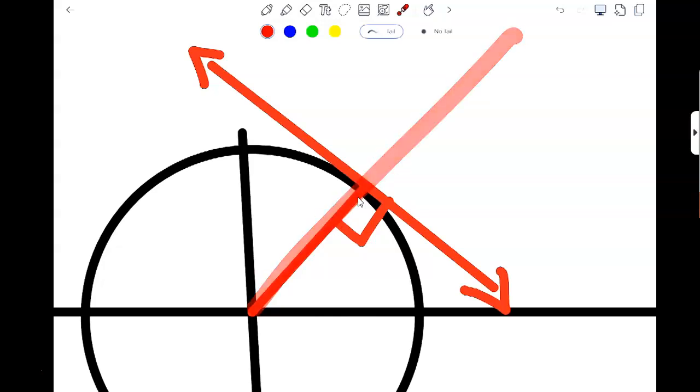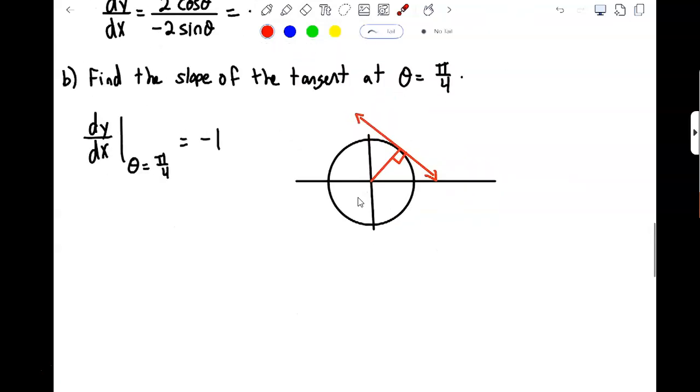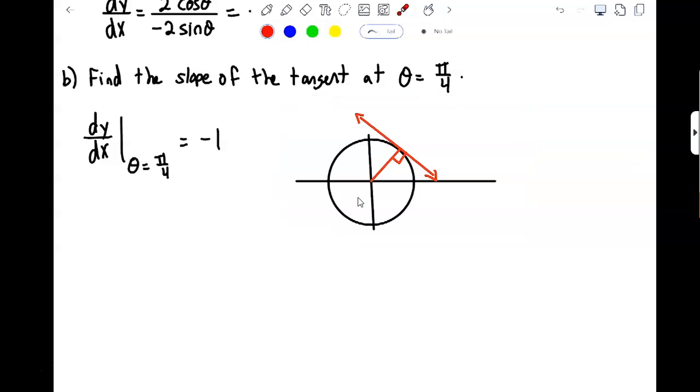So since this line has a slope of 1, this line here has to have a slope of minus 1. It's the opposite, so minus the reciprocal of 1, which is 1. And so we can get that slope from a little bit of knowledge about geometry, and that just confirms that our result works. But not only does it work at an angle of pi over 4, it'll work at any other angle as well.